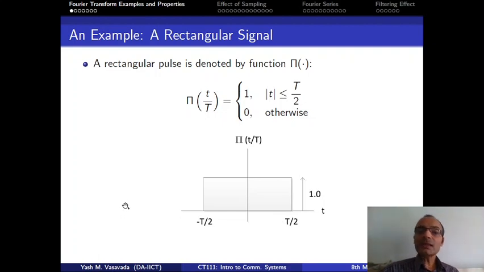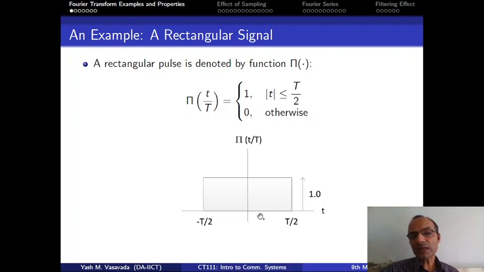One way to synthesize this rectangular pulse, at least mathematically, is to think of it as a unit step function which starts from minus T over 2. It is 0 from minus infinity in time to minus T over 2, and then it is always plus 1. And then there is another unit step function which starts from T divided by 2.